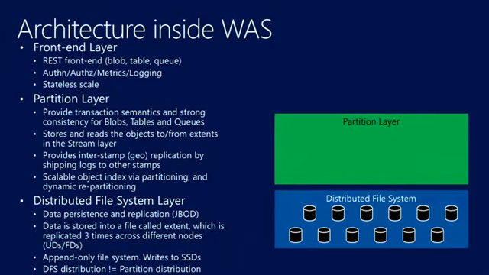We have this thing called the partition layer, and the partition layer basically provides the transactional semantics for those various abstractions. And it's the layer that chooses exactly how to go about storing this data into that distributed file system. It provides the replication across different geographies.